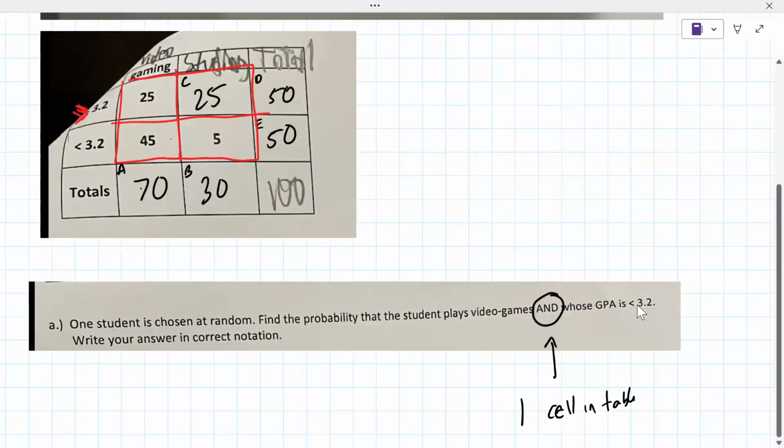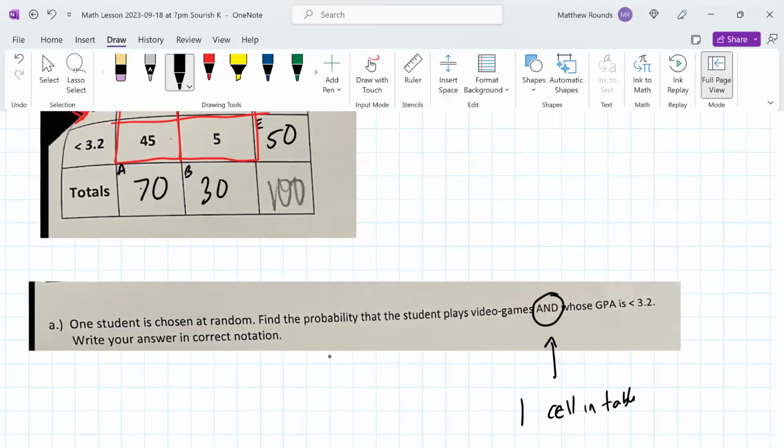Oh, wait a minute. Greater than 3.2. Sorry, I was thinking it was 3.5. So it's 45, and then it's out of the total.